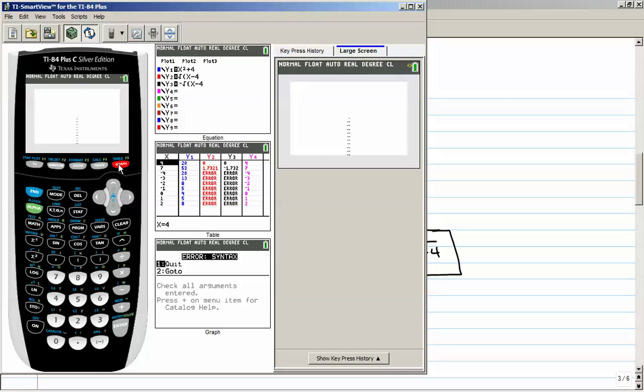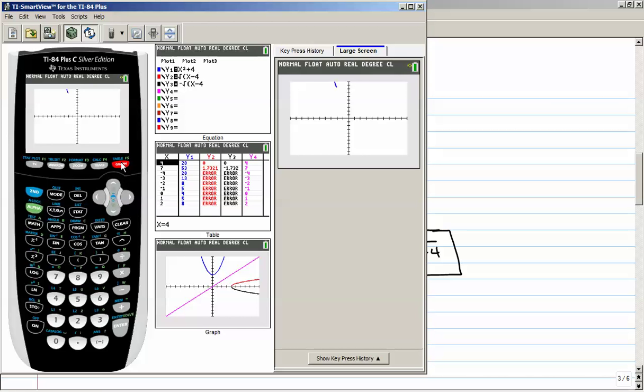Okay, so let's graph. There's y equals x squared plus 4. There's the positive square root of x minus 4 in red, and then underneath it, the negative square root of x minus 4, and there's my line y equals x. It doesn't look like it's an exact reflection, and that's because my screen is longer than it is high, and this goes from -10 to 10, as does this.